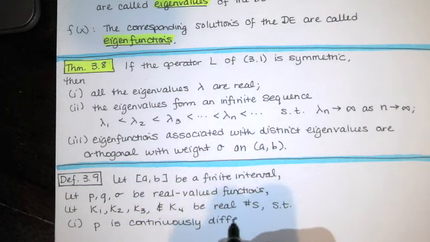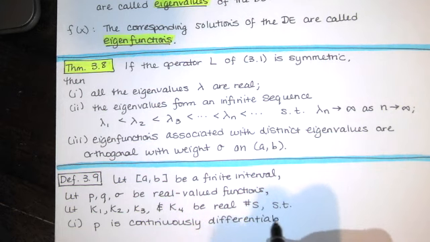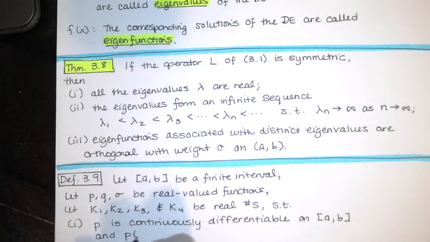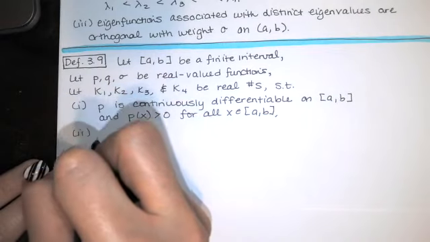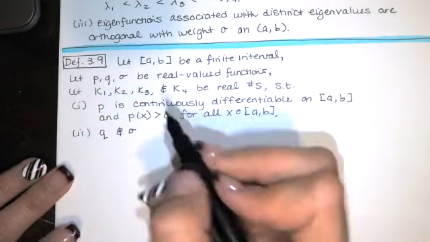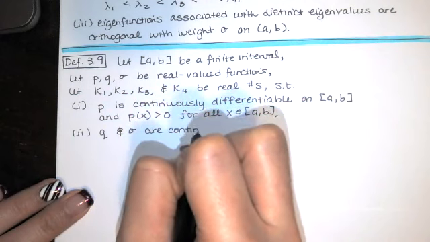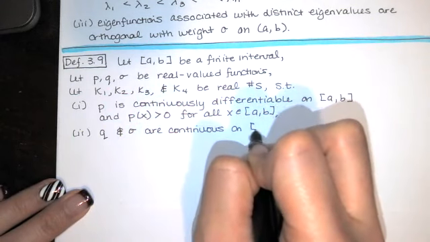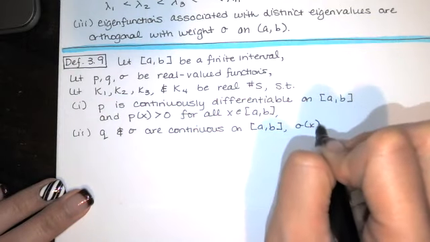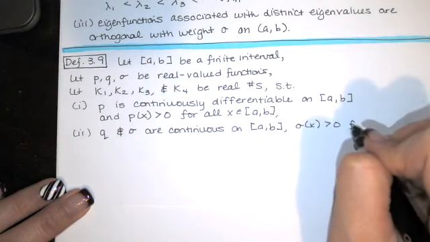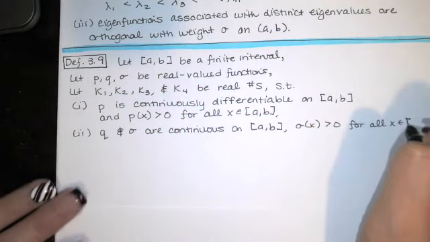So its derivative is continuous on the interval from A to B. And we want P of X to be greater than 0 for all X in the interval from A to B. And we want Q and sigma to be continuous on the interval from A to B. And we want sigma to be positive for all X in the interval from A to B.